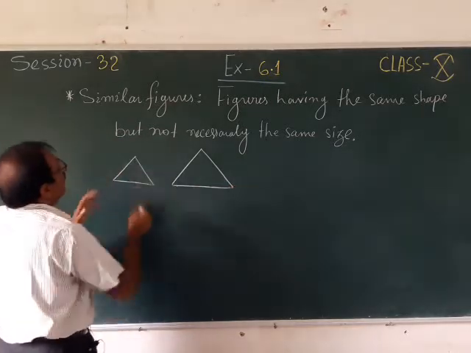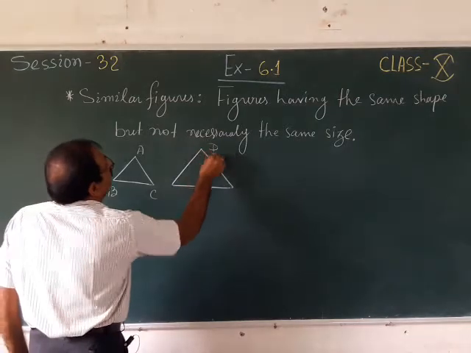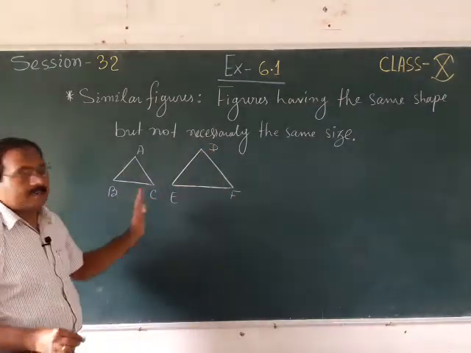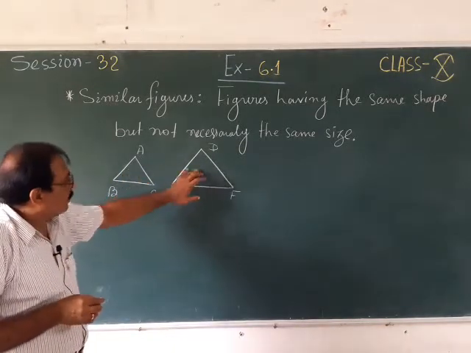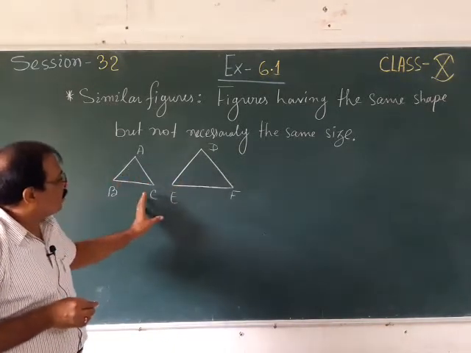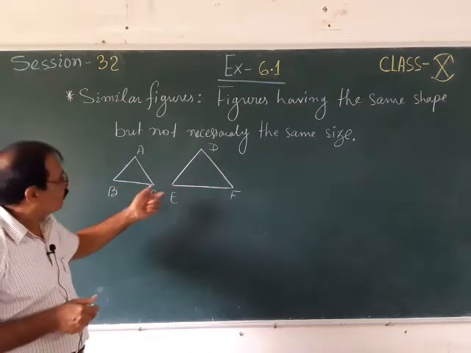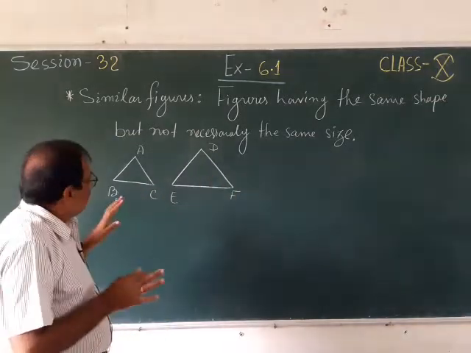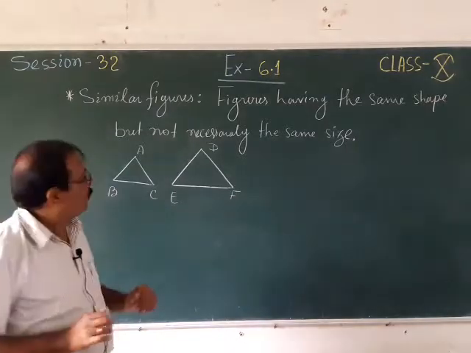You can see triangle ABC and triangle DEF, two triangles. You can see the shapes are the same. Triangle ABC is a small triangle but triangle DEF is a bigger triangle. Their shapes are the same but their sizes are not the same.